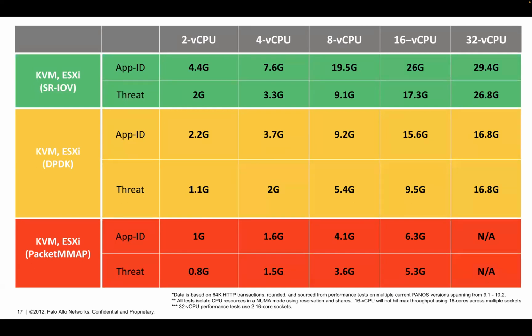I did mention we do scale up to 32 vCPUs. Of note, the performance numbers that I got for 32 vCPUs were done with 2 16 vCPU cores, right? So go back to your notes on NUMA: 2 different sockets with 16 vCPUs each.